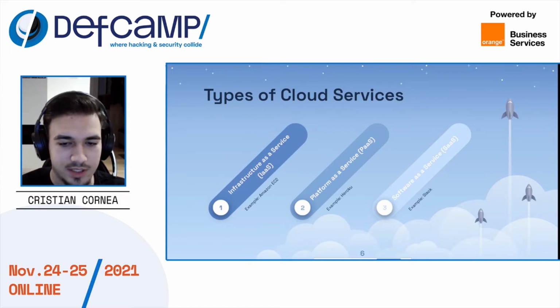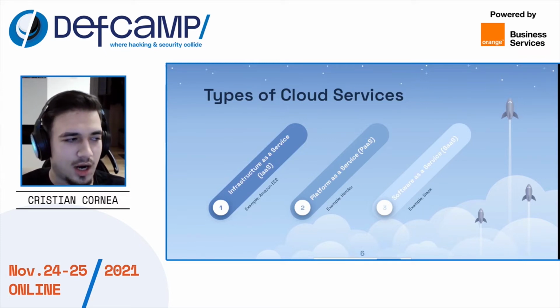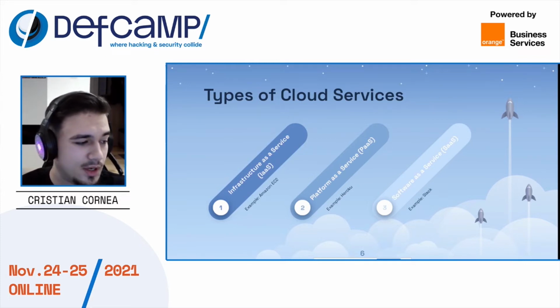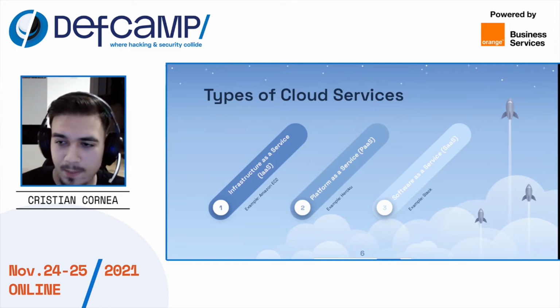Then we have platform as a service, which is used mainly for software development, like Heroku, and we have software as a service. For example, Slack, which are basically all the applications and software that we are using nowadays, like Zoom. Zoom is a software as a service, for example.